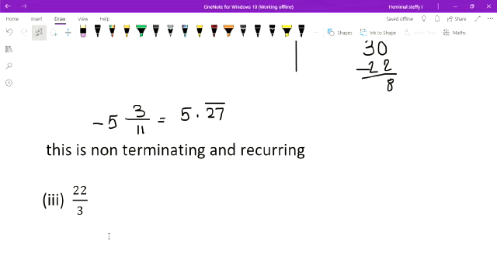What is the third one sum? Same method. 22 by 3, same thing. I'm going to take the divided also. 22 by 3. I'll draw the divided line.